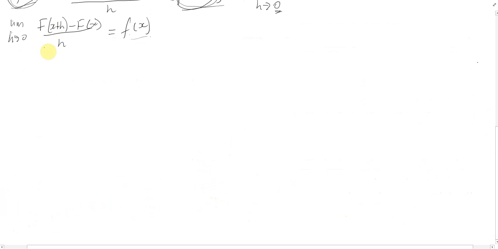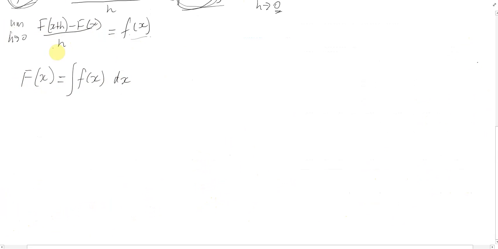Alrighty, so now you should hopefully recognize this left-hand side as a derivative. It's actually a derivative by first principles, which means that we can say that this function big F of x must be the antiderivative of f of x dx.